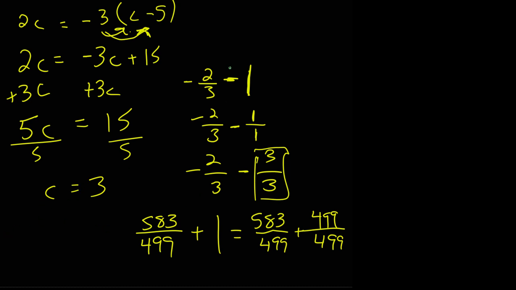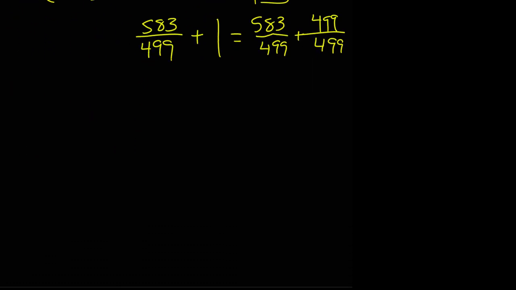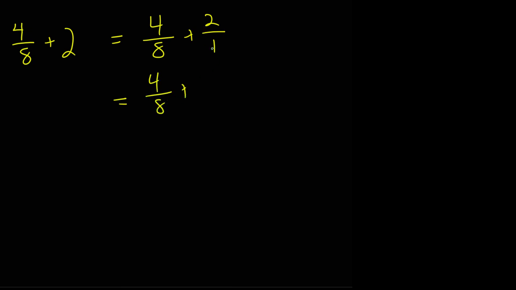Let me scroll down. I think this will be the end of my space here. If I have 4/8 plus 2, I have 4/8 plus 2 over 1. So 4/8 plus, well, this needs an eighth.